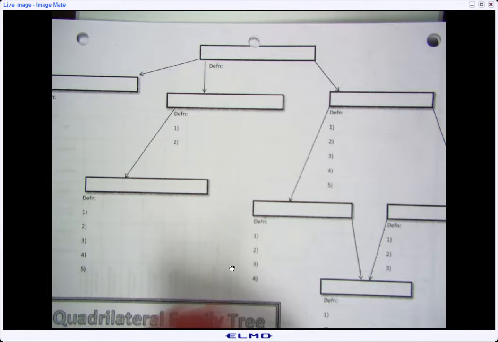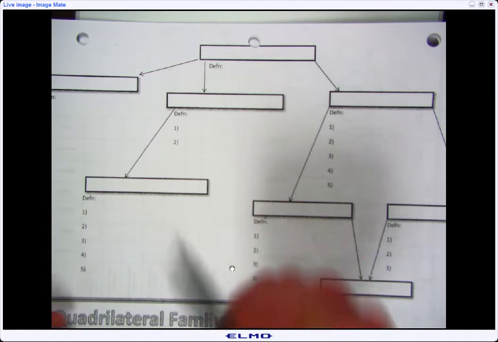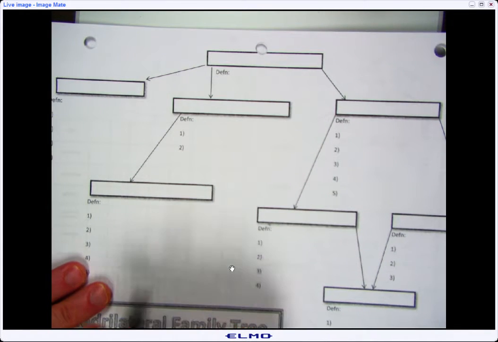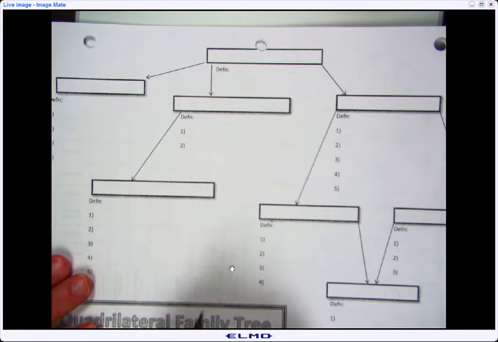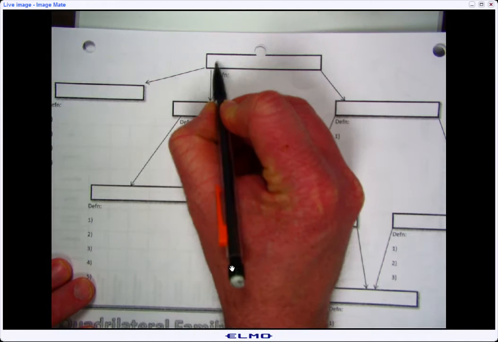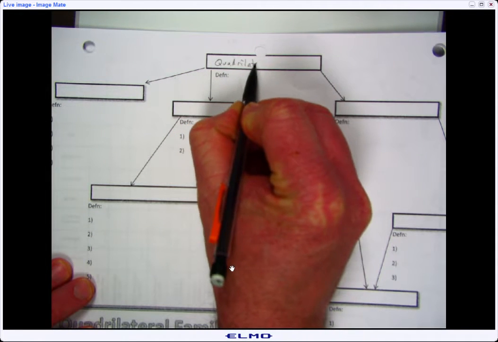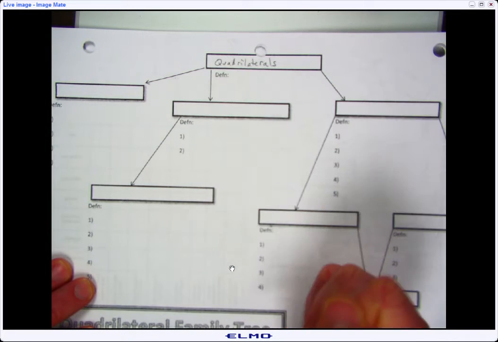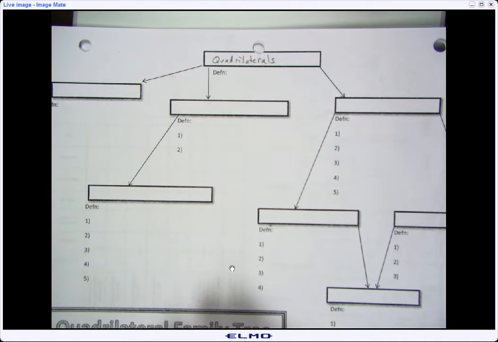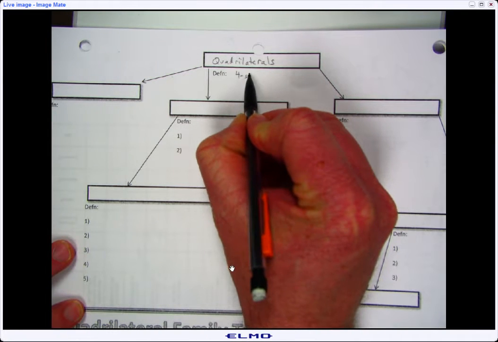So we took notes yesterday, basic notes on quadrilaterals, and one of the ways that will help you understand classifying quadrilaterals is to think about a hierarchy. So overall, the main category is just the name quadrilaterals, any four-sided figure, and when it says definition, that's all you need, four-sided figure.